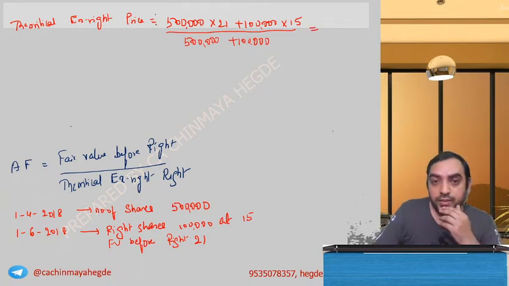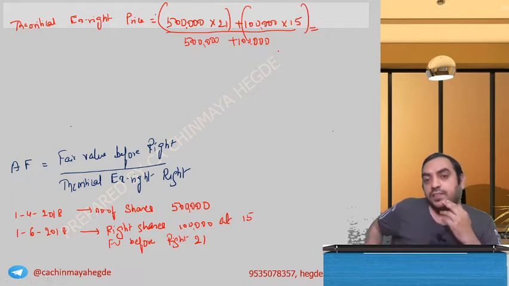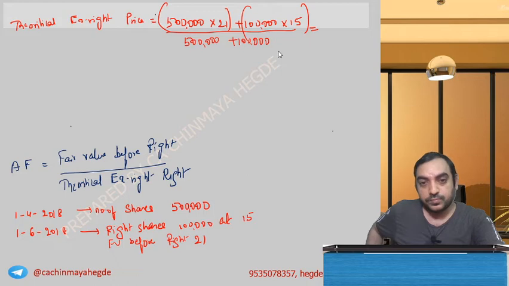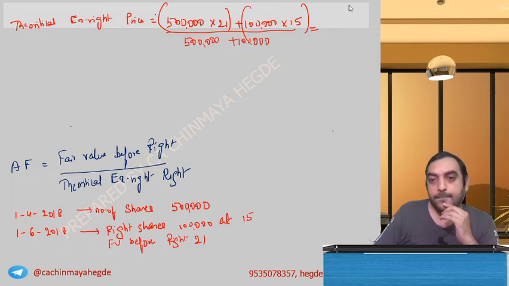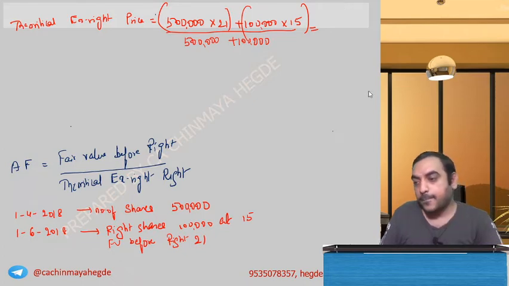Tell me how much you get. 5 lakh into 21, 1 lakh into 15, divided by total 6 lakhs. ₹20.